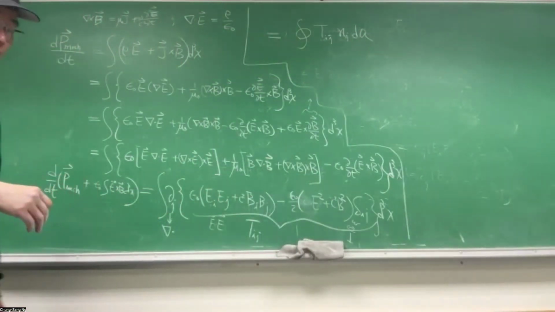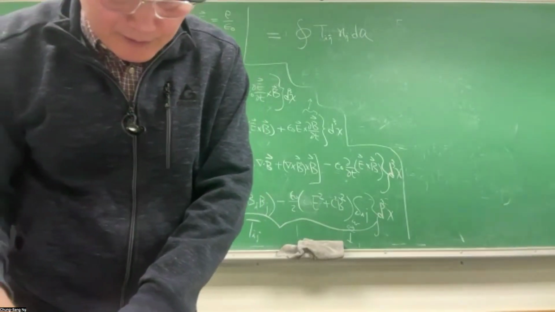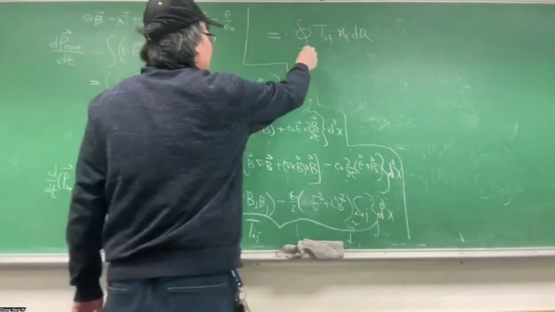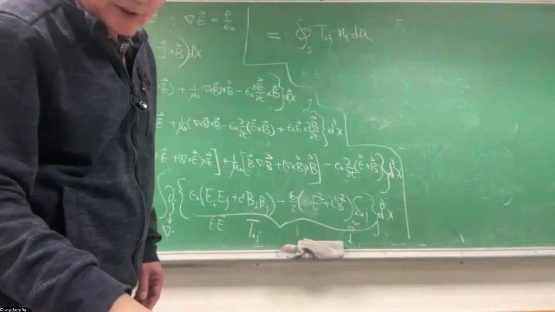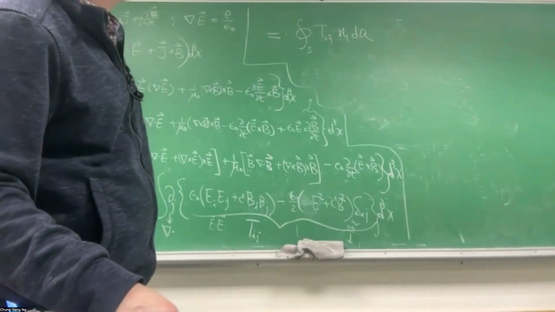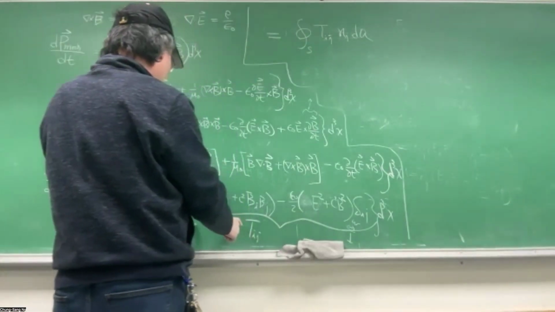And n is the unit vector, but in the j component. Okay, like that over surface S. And this T_ij is just this guy over here.